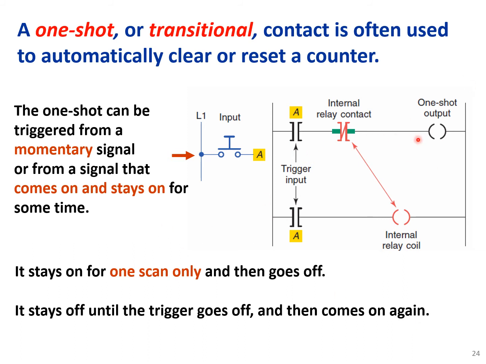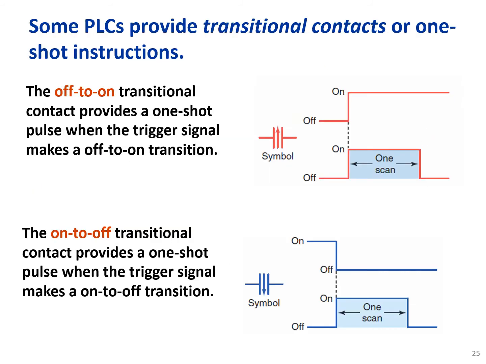So we use this type of coil to reset a counter. Some PLCs provide transitional contacts or one-shot instructions. The off-to-on transitional contact provides a one-shot pulse when the trigger signal makes an off-to-on transition.